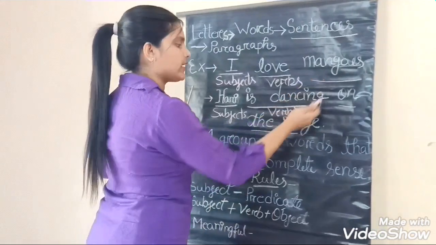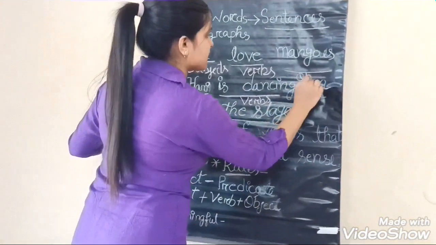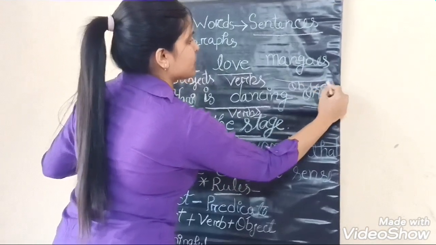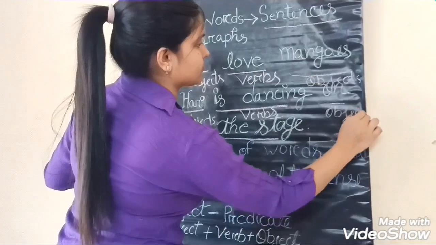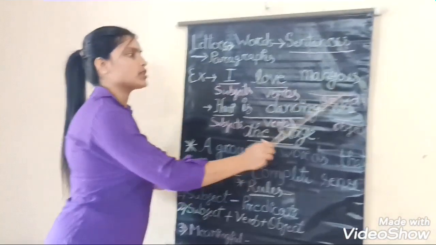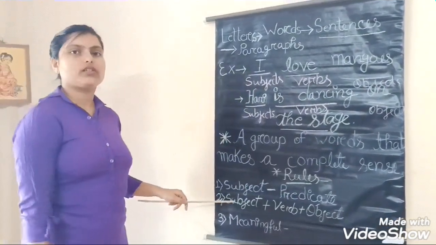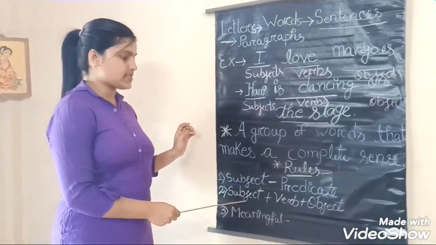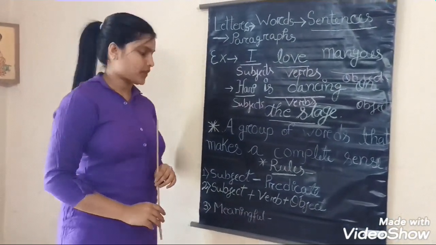And the third and remaining parts of the sentences are known as objects. So, this subject, verb and object form the second point to form a sentence. Here, see, subject, verb and object is the second rule to form a meaningful sentence.